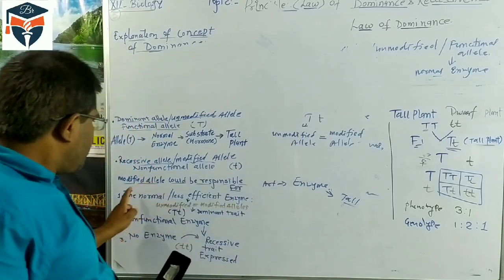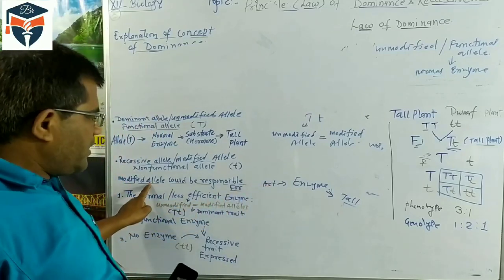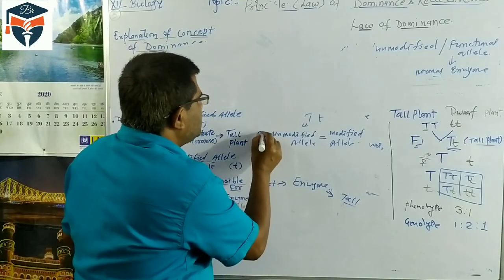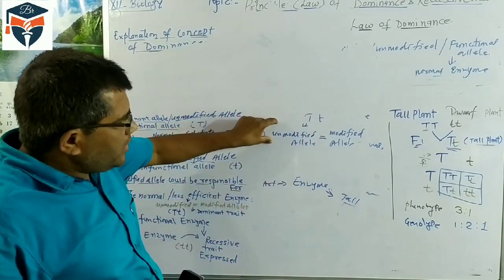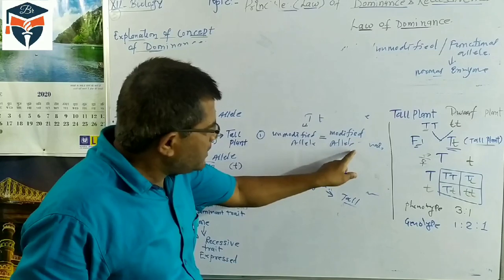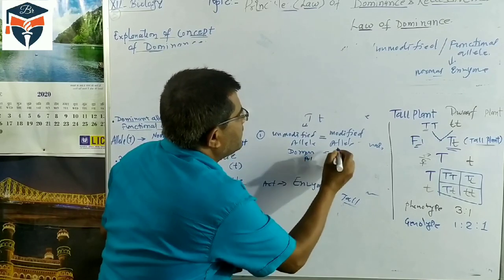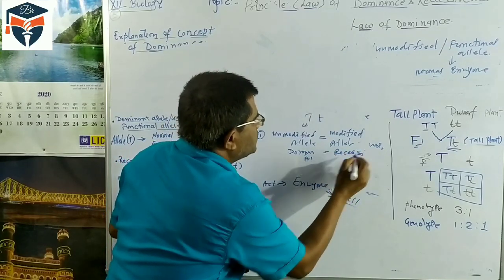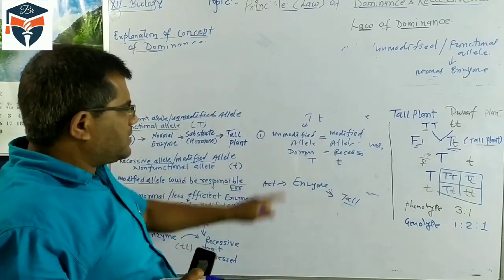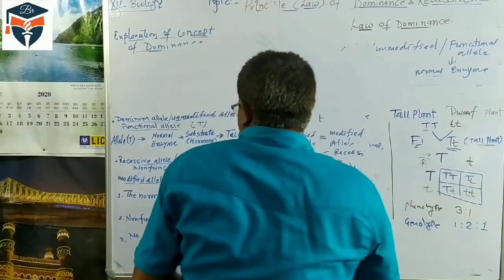When this happens, the modified or recessive allele acts as a dominant allele and synthesizes the enzyme, and this first condition arises. There is an equilibrium of the unmodified, dominant allele and the recessive allele. If dominant and recessive alleles are equal, the dominant trait will be expressed. So the trait that is expressed will be dominant.